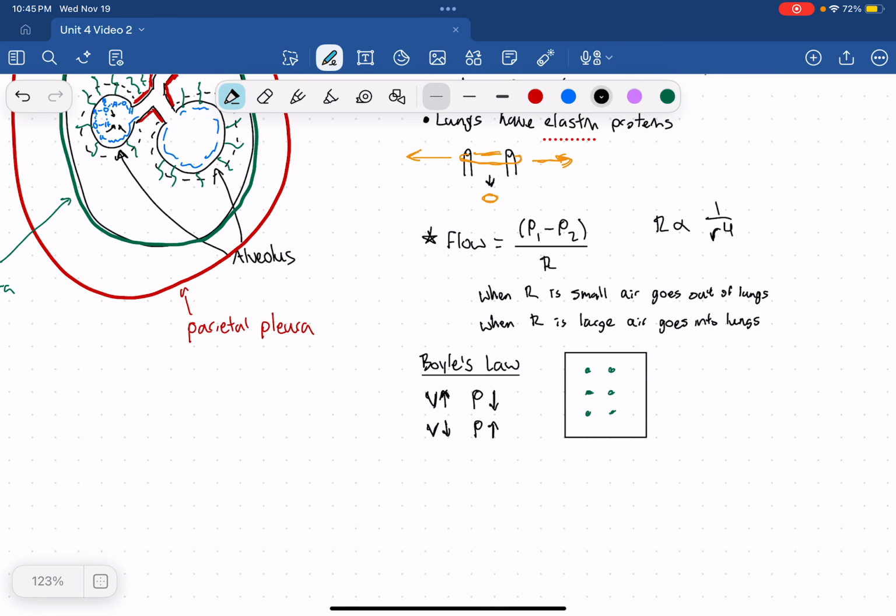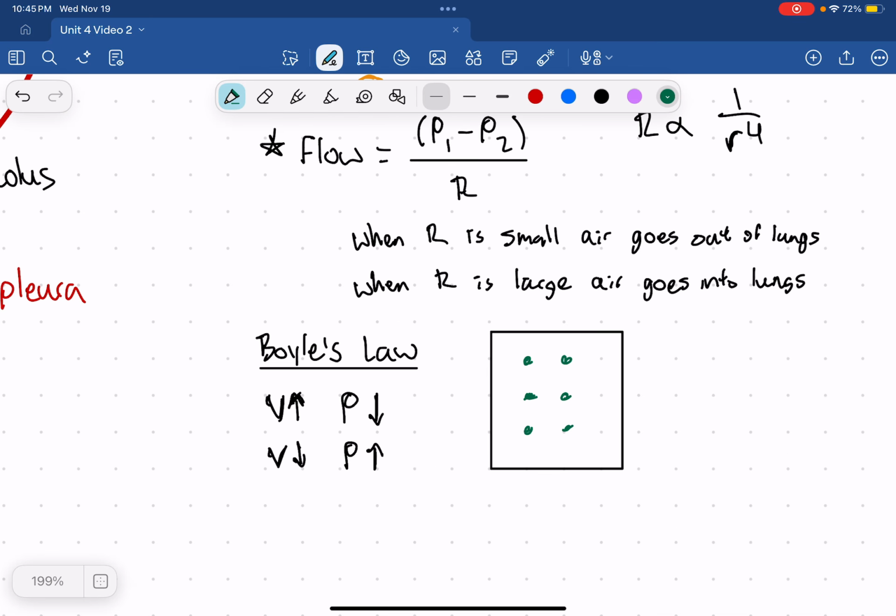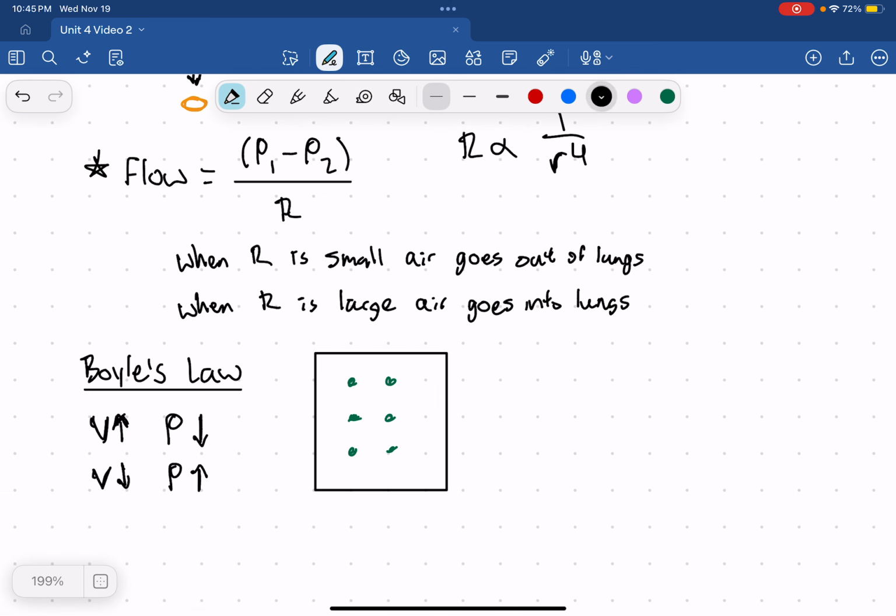Well, if that volume is really large within that space, then the pressure is going to be smaller. Now let's say we have a really tiny box, really tiny volume, with the same number of molecules. Those molecules are closer together now, so the pressure will increase in that one.